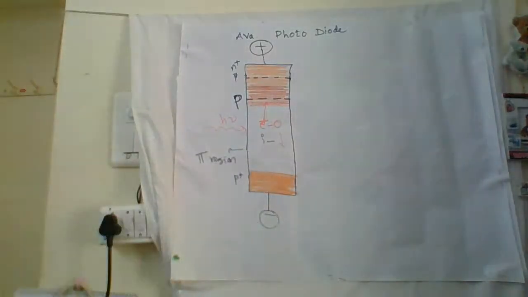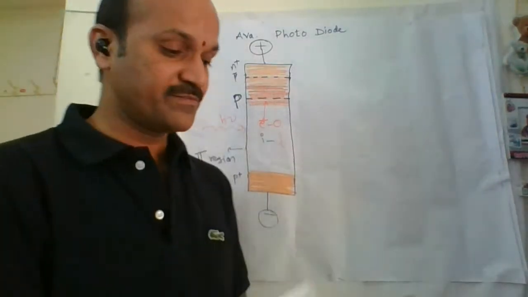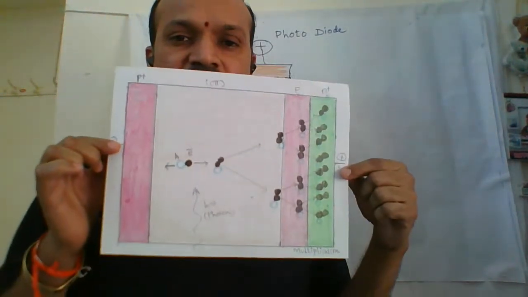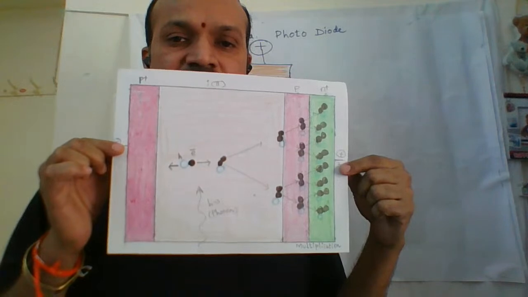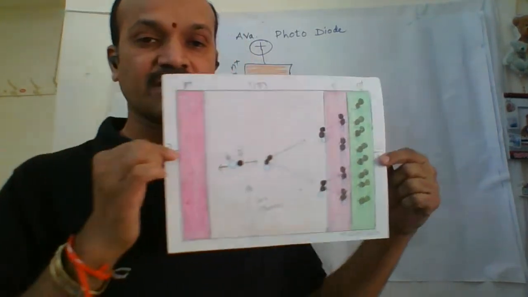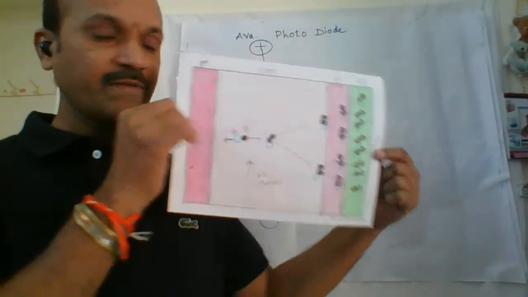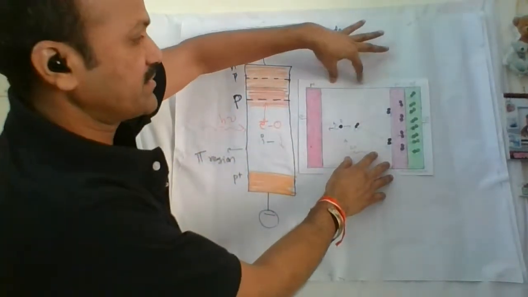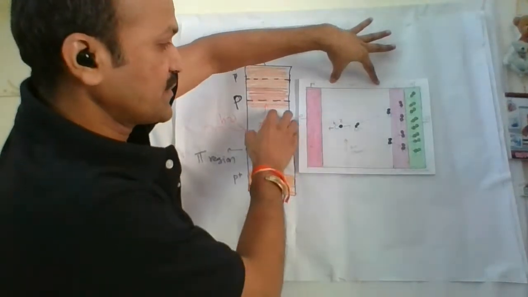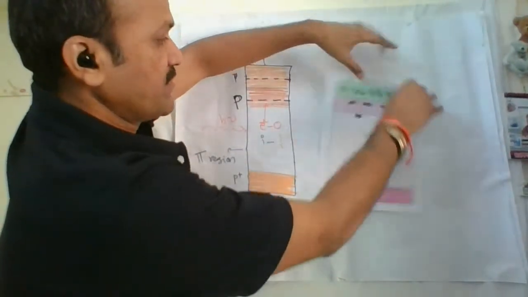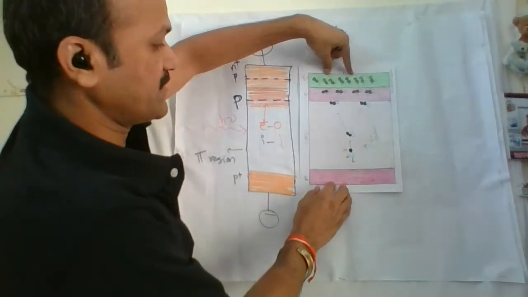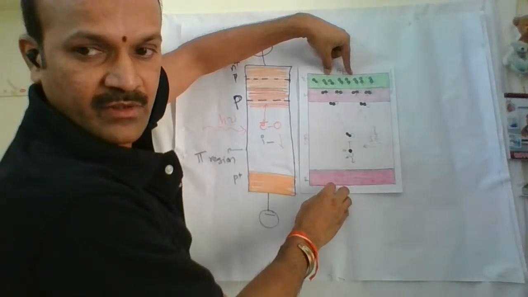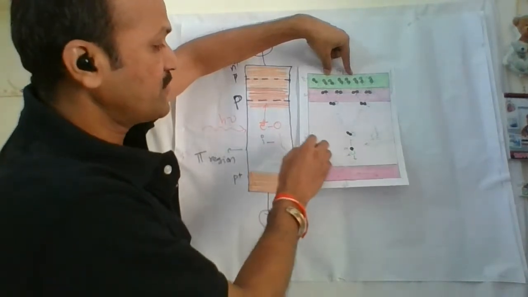I will show the diagram. Previously, I have shown it. See, are you able to see what is happening at the pi region? The light is incident at the pi region.